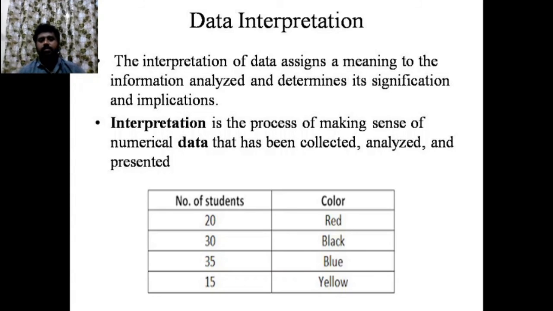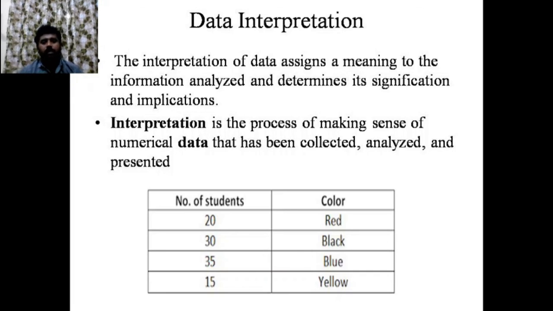Look at this example: the number of students who come in different colors of dress, like 20 students in red, 30 students in black. By looking, we can interpret that the number of students in blue is 35, and the number of students in yellow is 15. By looking at this data we can interpret. This is what is known as data interpretation.